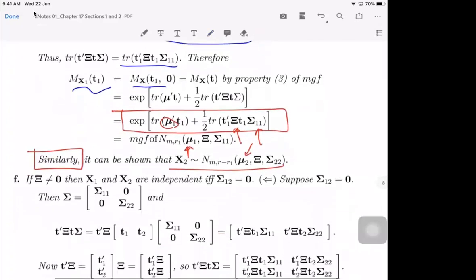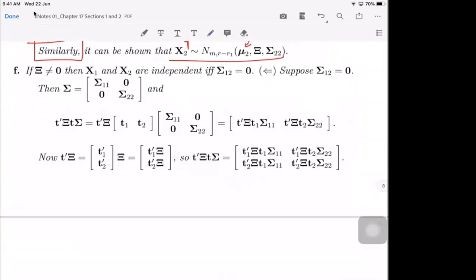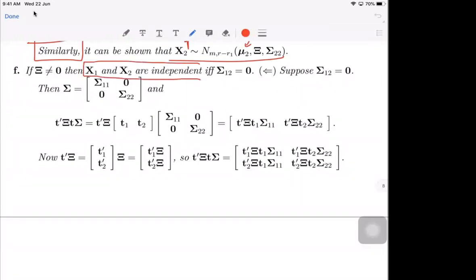Okay. Next, this is a very important result, especially when we want to know whether x and y are independent. So we just look at the off-diagonal entries of your sigma, or the covariance matrix.